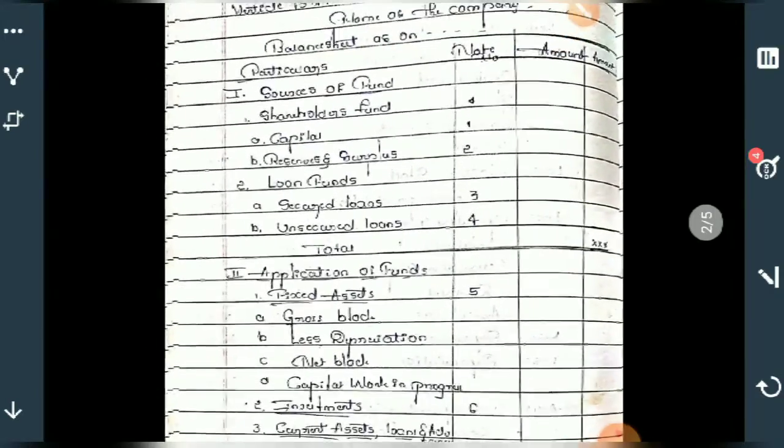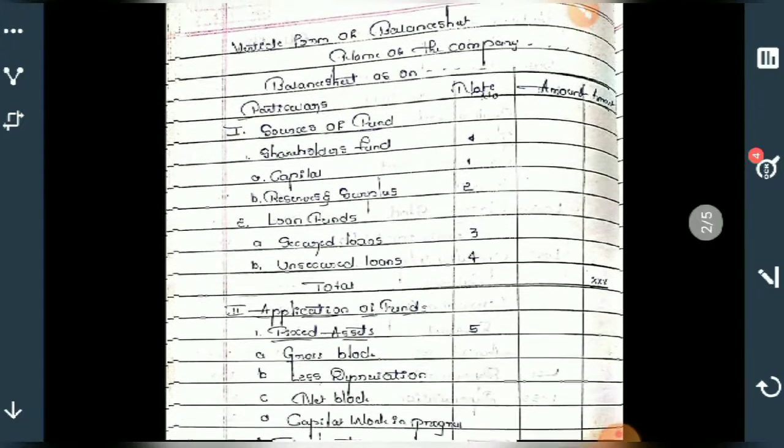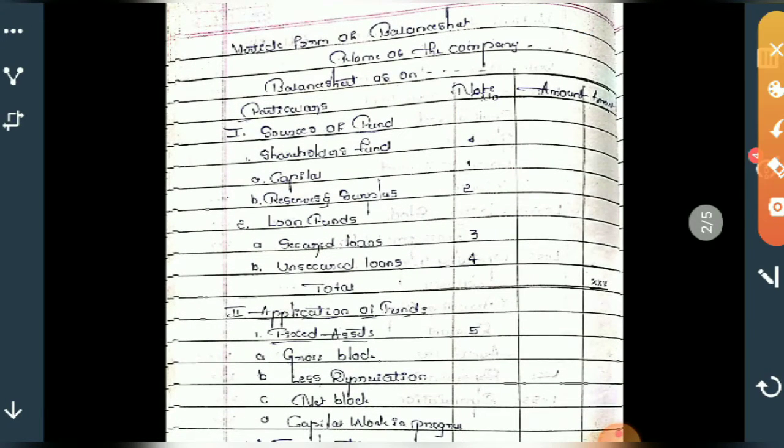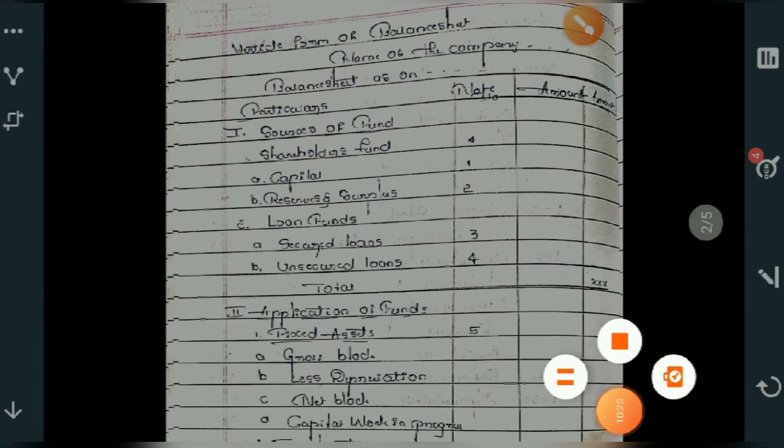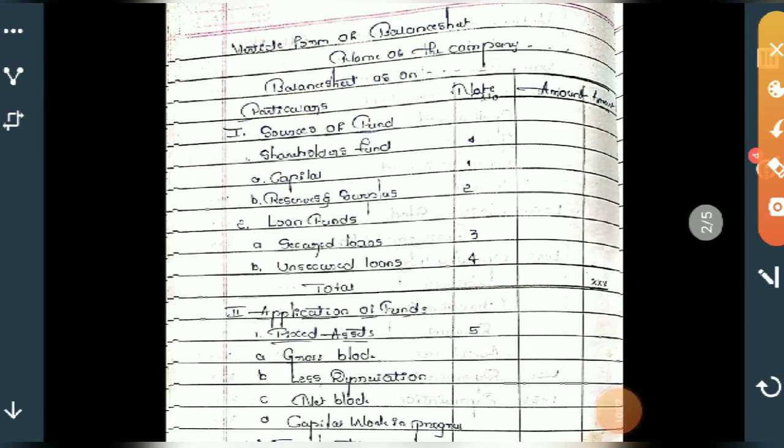So let us go with this particular vertical format of the balance sheet. First you take the balance sheet as on a date, and the format should be like this: particulars, note number, amount, and amount. In this manner you have to proceed. First you have to take sources of funds.